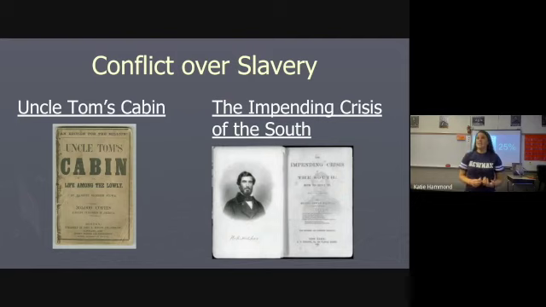Did he believe, you could say he was a white supremacist. He definitely was racist, but he's not saying slavery is morally wrong like Harriet Beecher Stowe. He is saying that slavery is economically wrong. Because of slavery, the South has very little industry, very little cities, very bad literacy rates. During the Civil War, 60% of the soldiers in the South were illiterate.